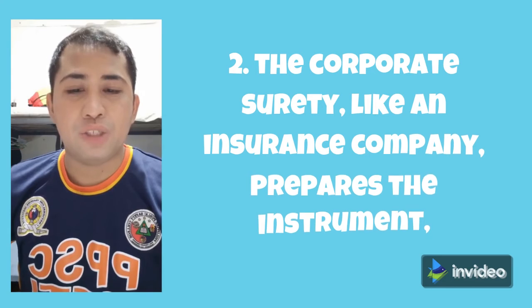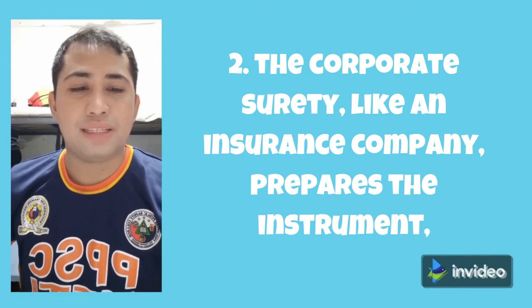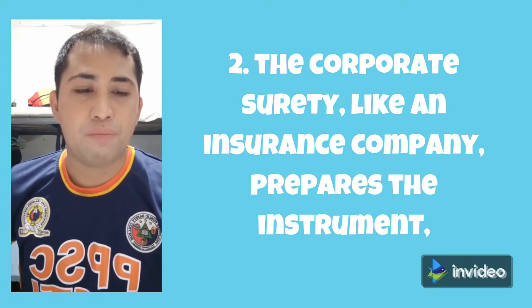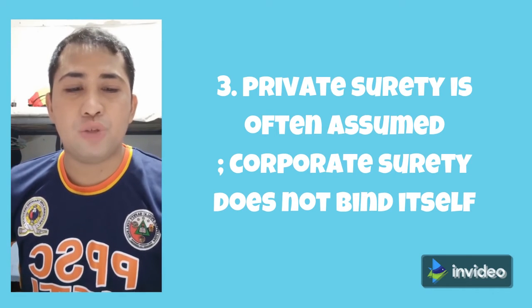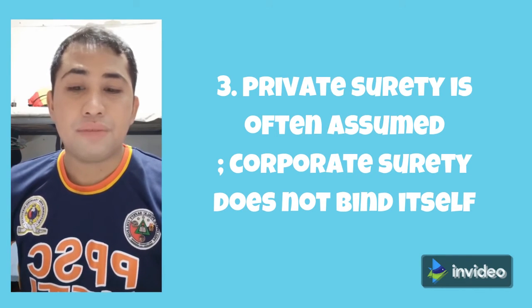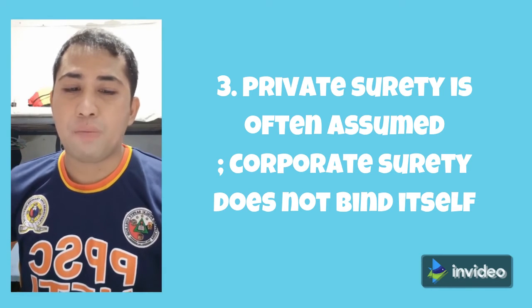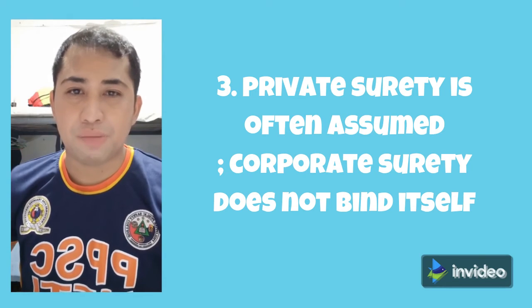Second, the corporate surety, likewise an insurance company, prepares the instrument, which is a type of contract of adhesion, whereas the private surety usually does not prepare the note or bond which he signs. And third, the obligation of the private surety is often assumed on the basis of the debtor's representation and without legal advice, while the corporate surety does not bind itself until a full investigation has been made.